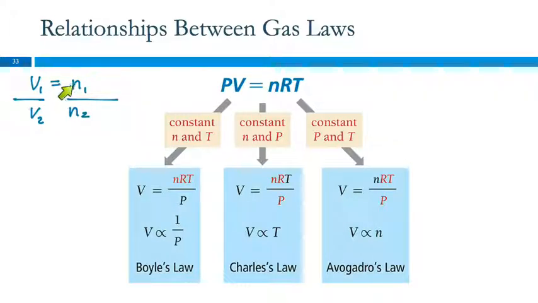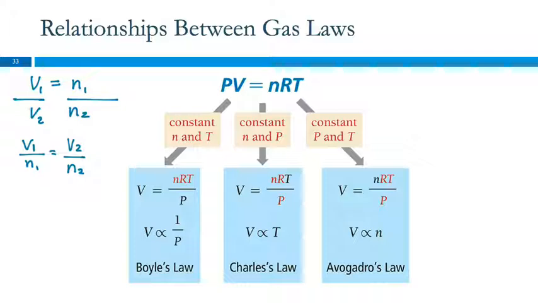We have to switch these two. V1 over n1 equals V2 over n2. That's how it was presented in the book, Avogadro's law. So you can do that, PV equals nRT divided by PV equals nRT, cross out all the things that don't change, and then you've got left the equation that you need.